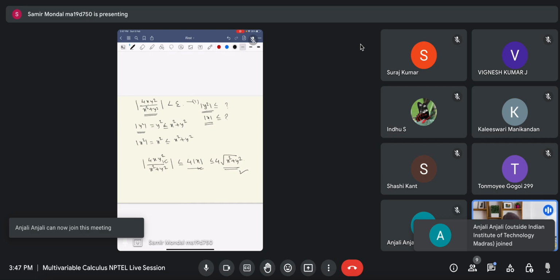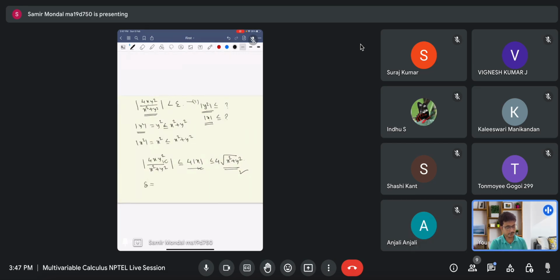Now one can choose the delta. So please tell me, what is your guess about delta? What should be delta? Every information is here. x square plus y square less than delta, it is already given.